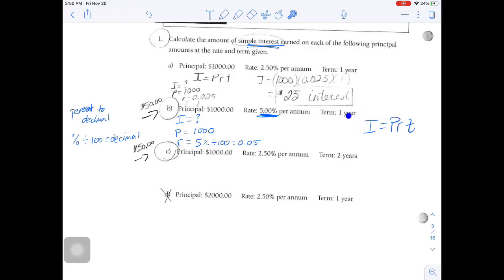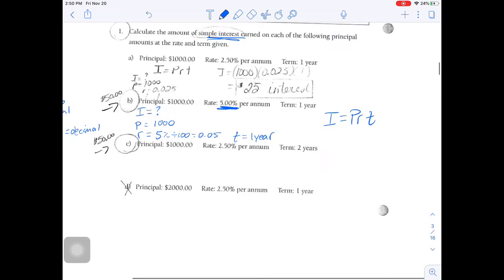And this is T, this is 1 year, so T is for 1 year. And we have all of our stuff. So all we got to do is plug it into our formula. So I equals P, which is $1,000, times R, which is 0.05, and then multiplied by the year, so 1 year.